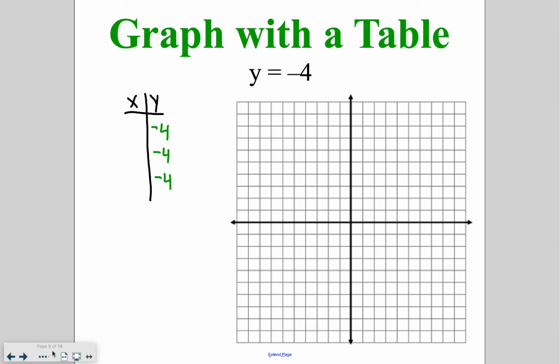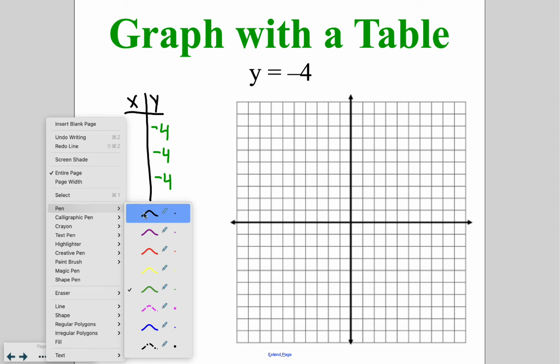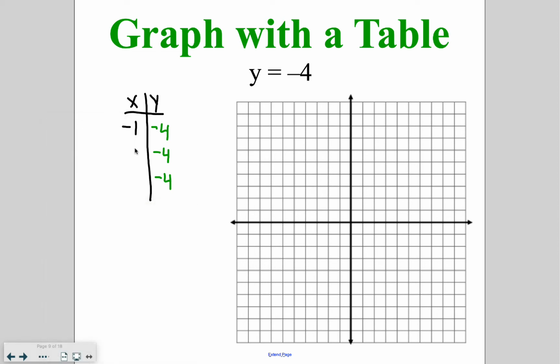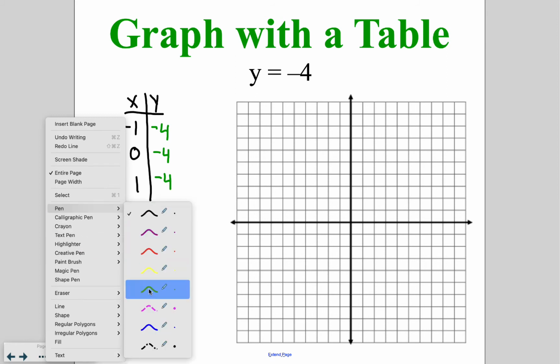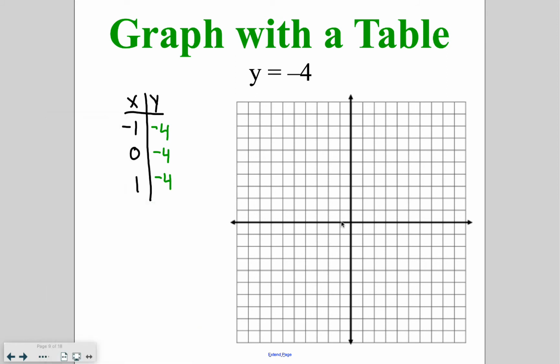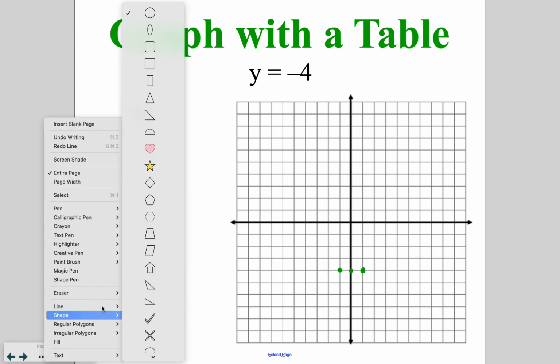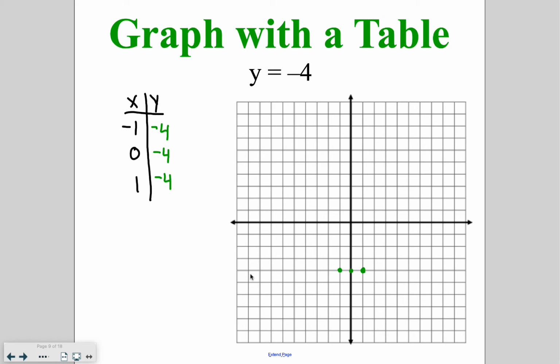I'm going to plug in then my regular x points and say -1, 0, and 1. So when I put these on my graph now, I've got 1 to the left and 4 down, none right or left and 4 down, and 1 right and 4 down. So in this case, we end up with a straight horizontal line going across my graph at -4.